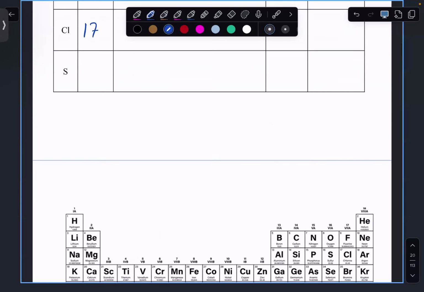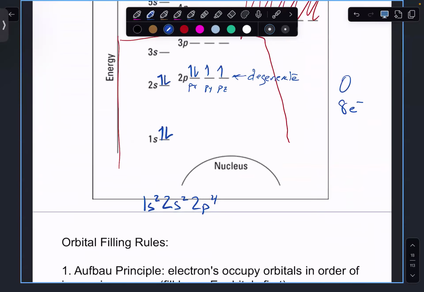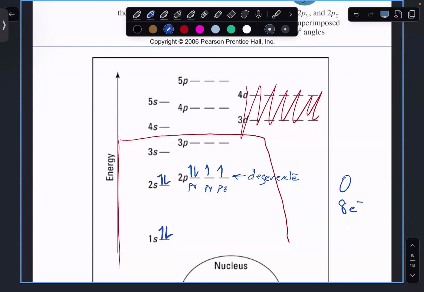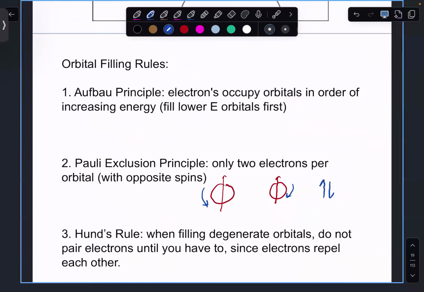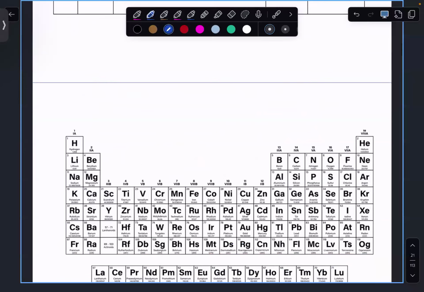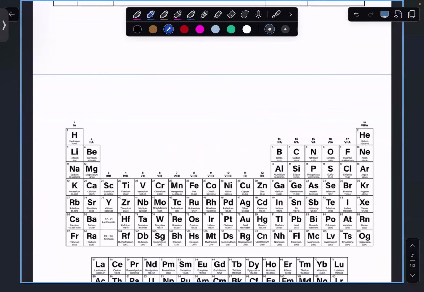Now, you could certainly do these configurations with that kind of schematic, but most people don't. Most people will use the periodic table because you'll remember that the rows represent the principal electronic shells. And then the various blocks represent the atomic orbitals.